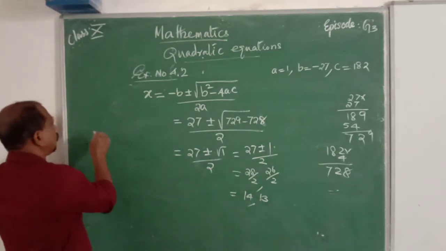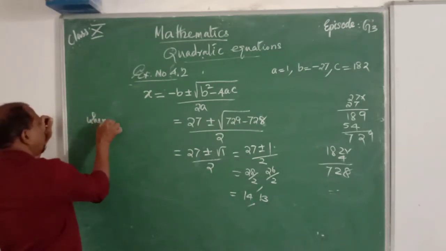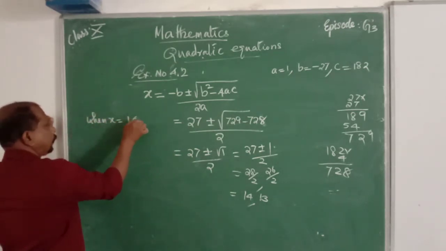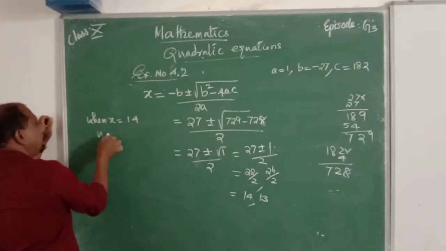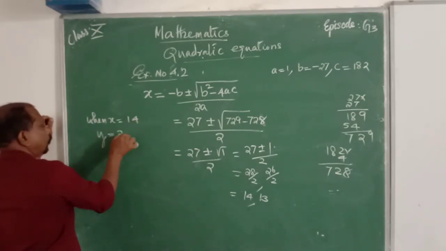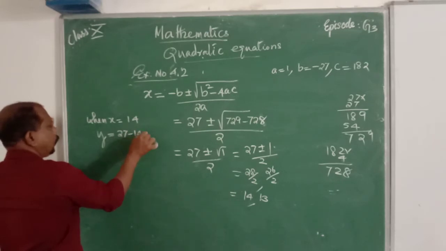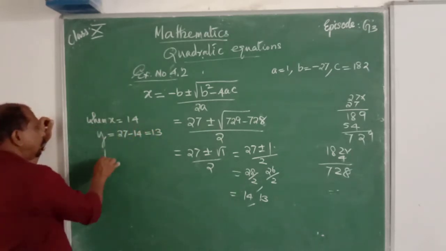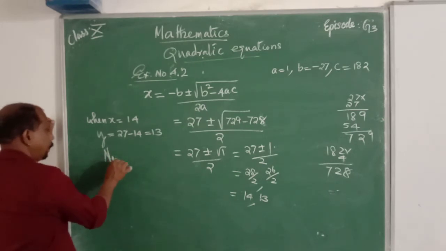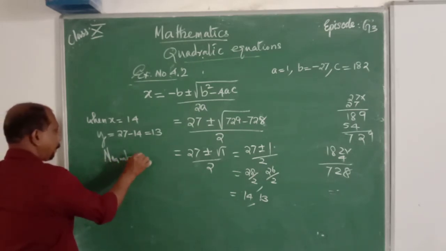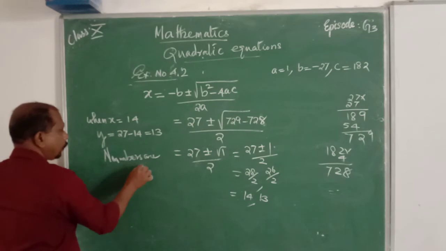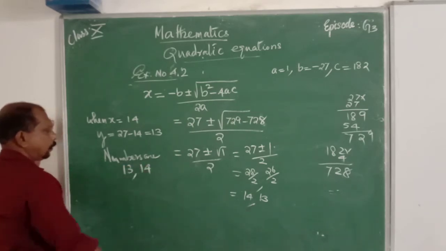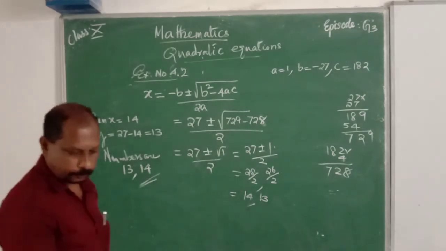When x is equal to 14, y is equal to 27 minus 14 is equal to 13. Then the numbers are 14 and 13. This is the answer. Okay.